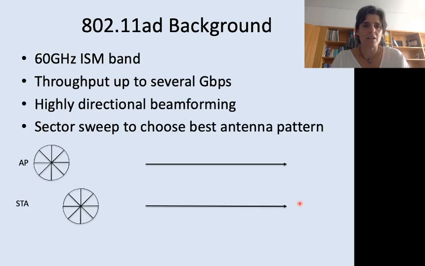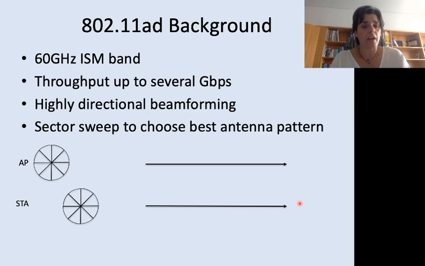So first, some brief background on 802.11ad. It works on the 60 gigahertz ISM band, which is a very high frequency. The channels have very large bandwidths and can achieve throughputs up to several gigabits per second.